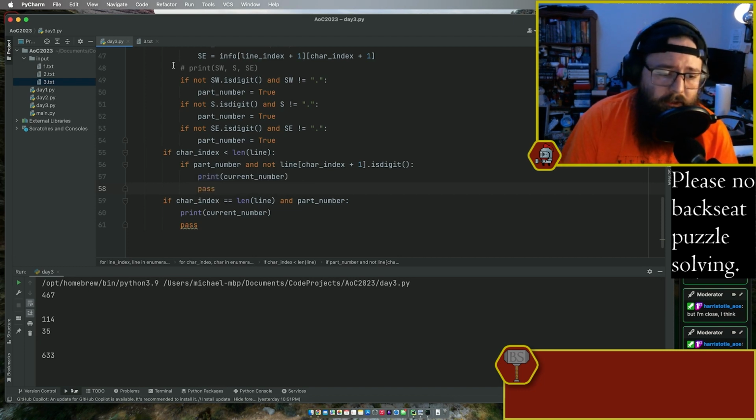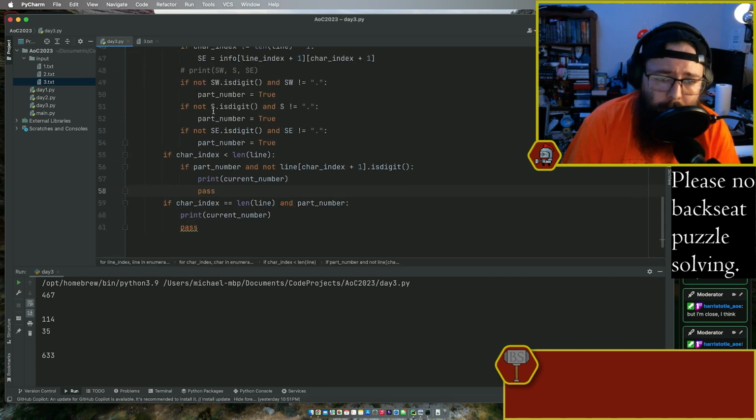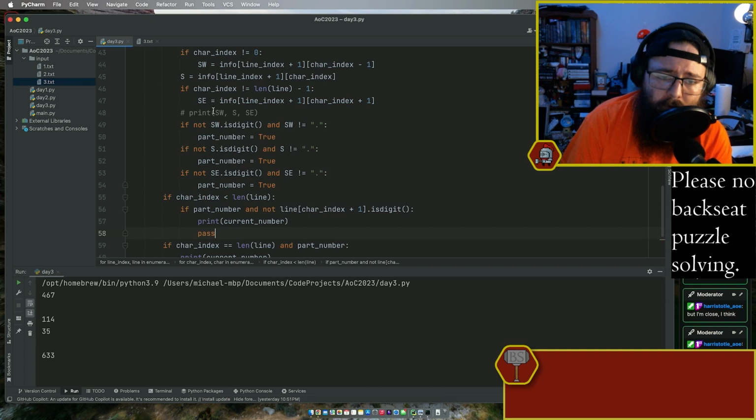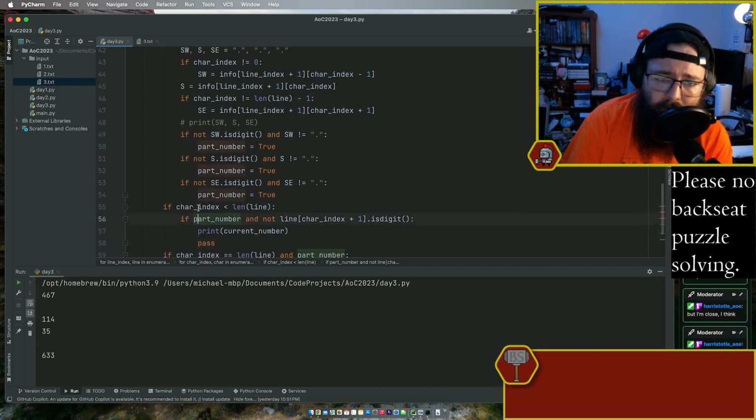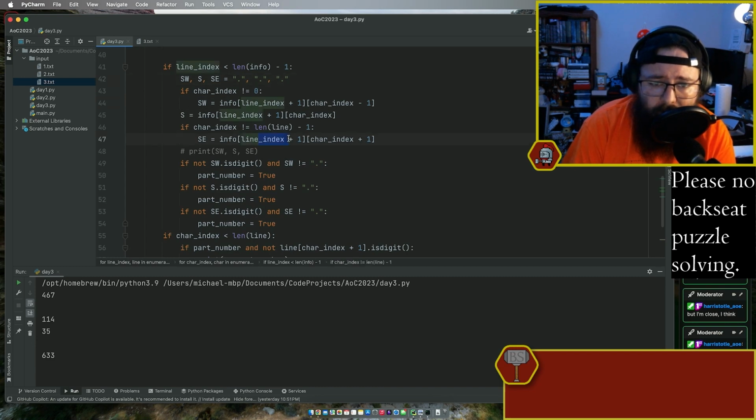Why is it getting flagged? If it's not a digit and not equal, looking at the line below.